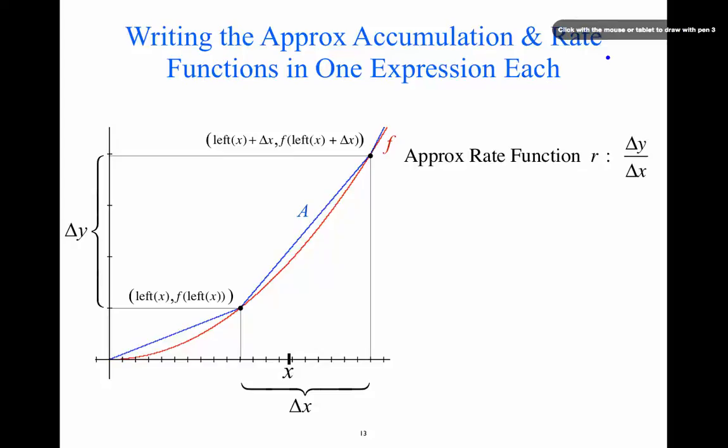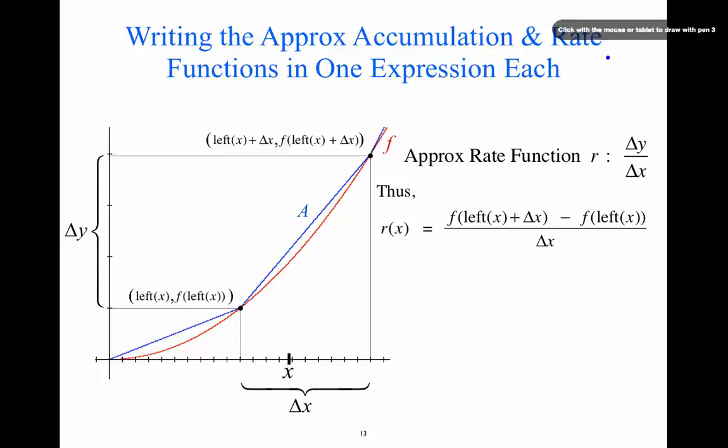Now the rate function is going to be the change in y over the change in x. The change in y is y final minus y initial, over the change in x. So this is our approximate rate function: the final y minus initial y over the change in x, delta y over delta x. Should make sense.